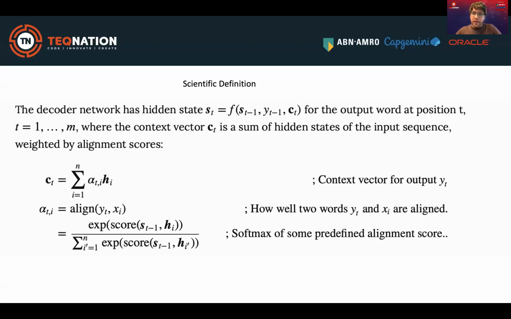After this context vector is made, it will try to align the expected scores between two words, y_t and x_i. After this alignment, it is converted with a softmax, so neural networks can work with it. So every score will be between 0 and 1.